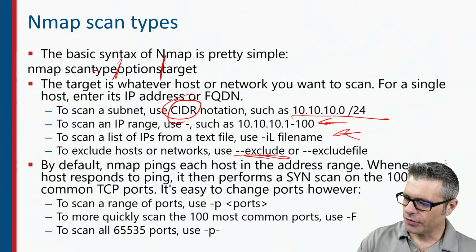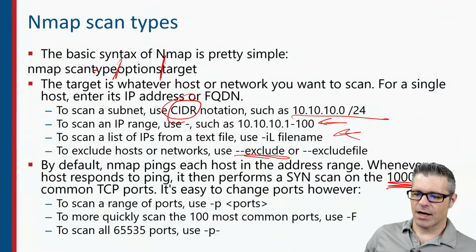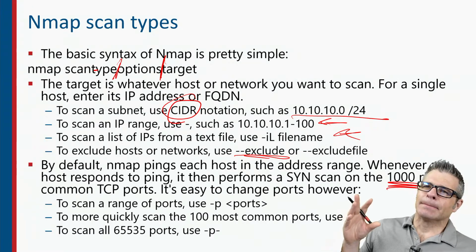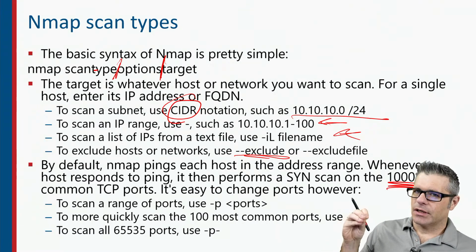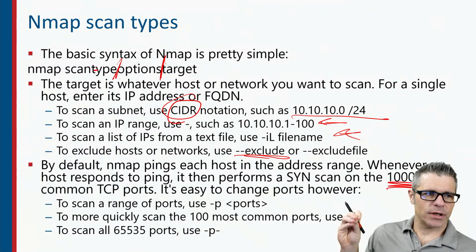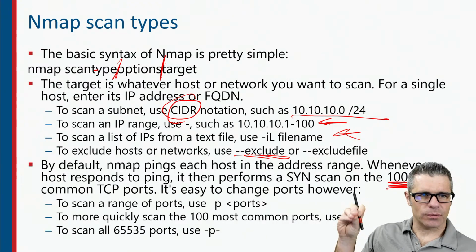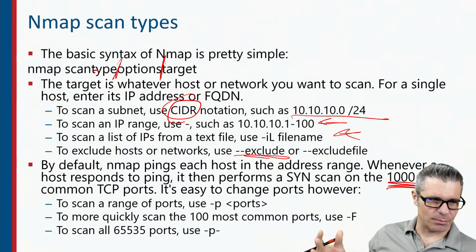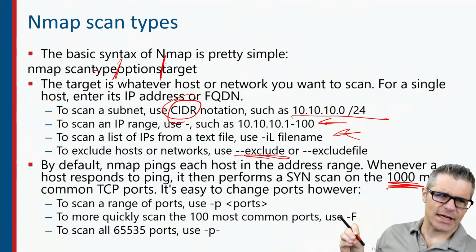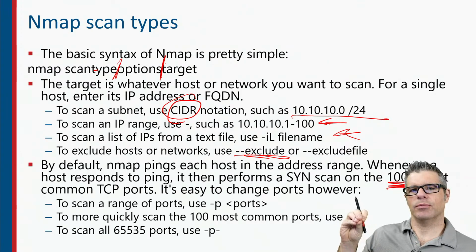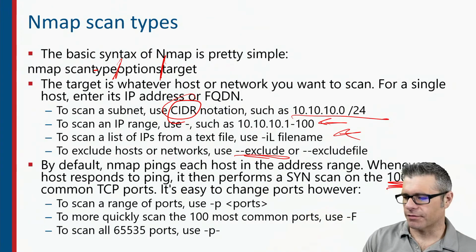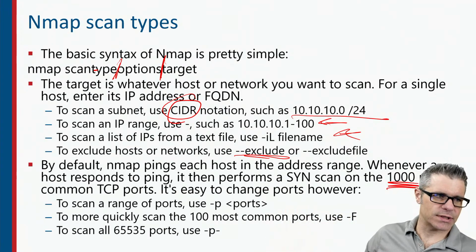Then it goes through, by default, it checks the 1,000 most common TCP ports, which is why a nice security measure is to put a service running on a non-standard port, but it's not complete security. But taking your SSH client or server and moving it to a non-standard port means that if somebody does an Nmap scan, they won't see it.